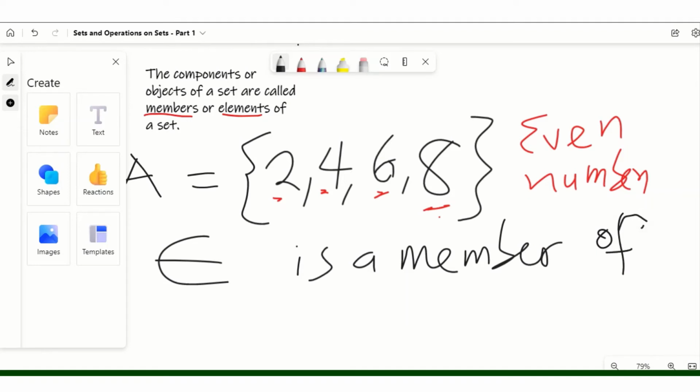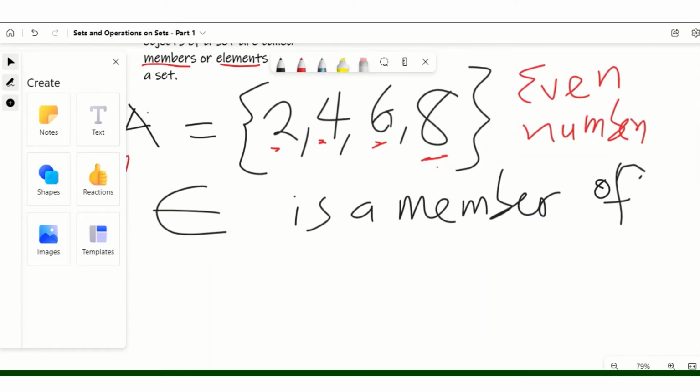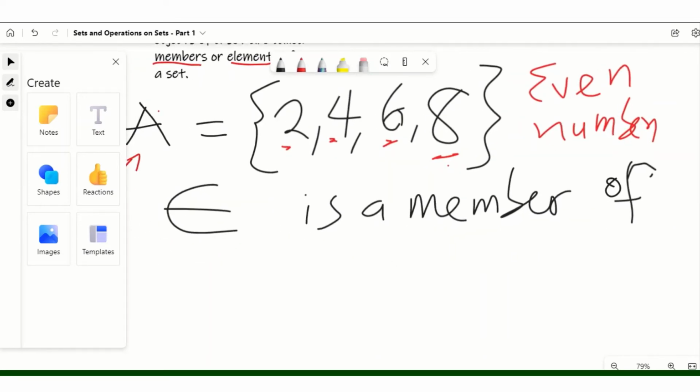So that's another set notation. We've talked about the curly brackets, and we've talked about representing sets with capital letters, not small letters. Now we are presenting another notation, which means "is a member of."